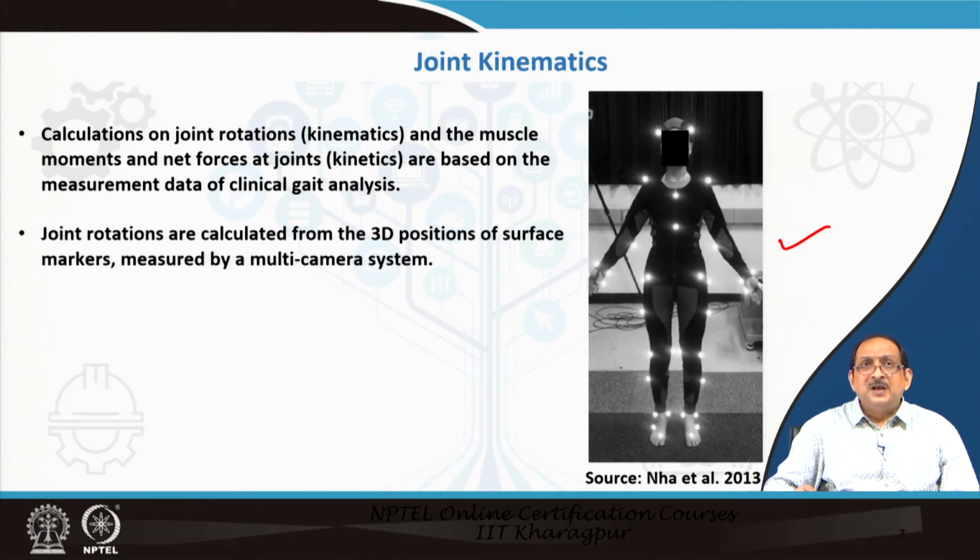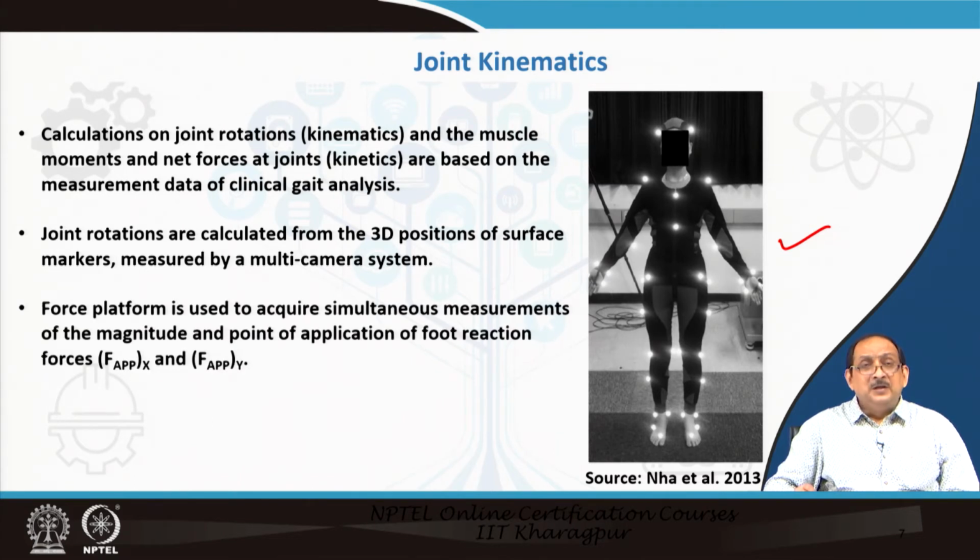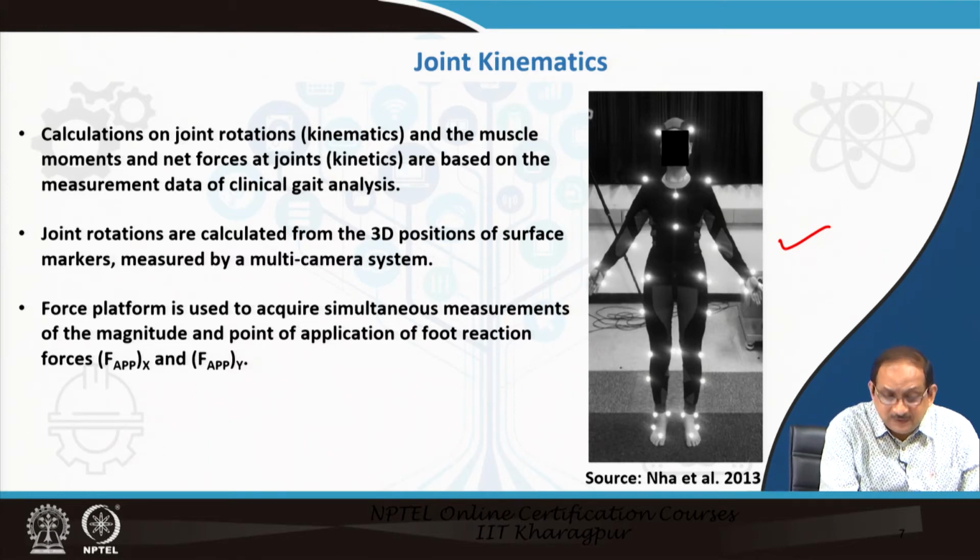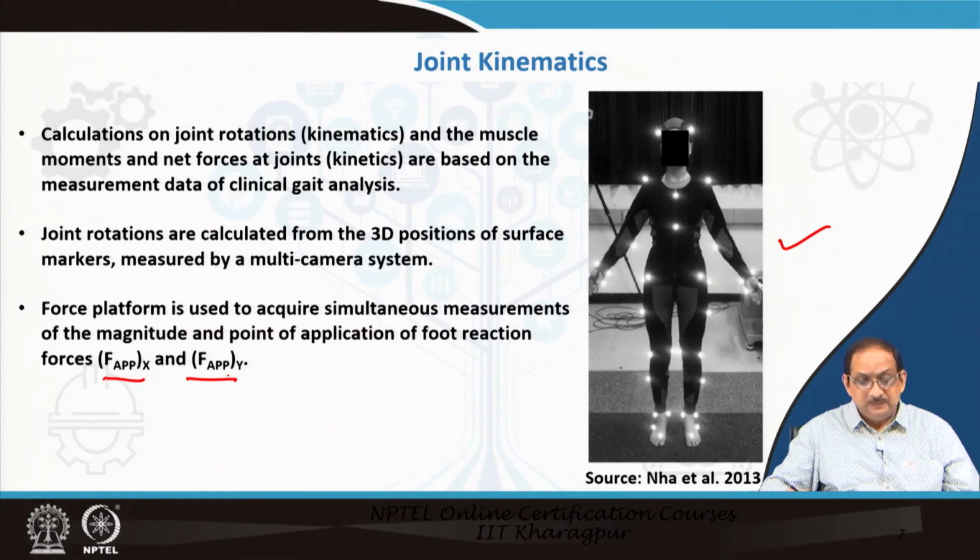Joint rotations are calculated from the 3D positions of the surface markers measured by a multi-camera system. We have discussed in detail about the 3D motion capture system used in gait analysis. Earlier, the force platform is used to acquire simultaneous measurements of the magnitude and point of application of foot reaction forces F along x direction and y direction if it is a 2D problem.